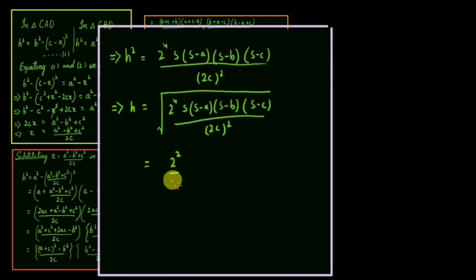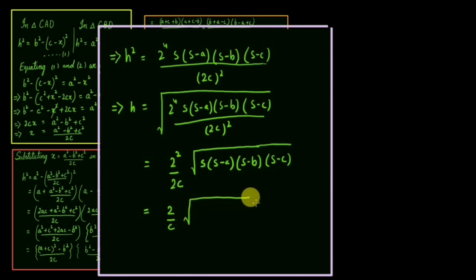So root over 2 to the power 4 is 2 square, and root over (2c) whole square is equal to 2c. So they come out of the root, and under the root we have s times (s minus a) times (s minus b) times (s minus c). So this gives 2 by c root over s times (s minus a) times (s minus b) times (s minus c). So this is what the value of h is in terms of a, b, c and the semi-perimeter s.